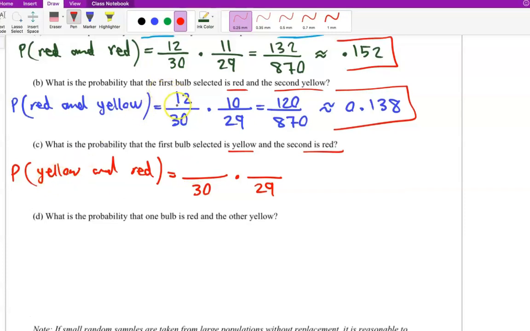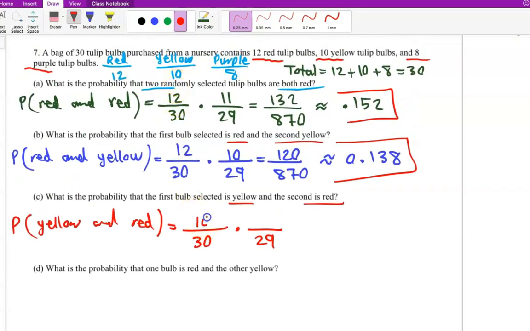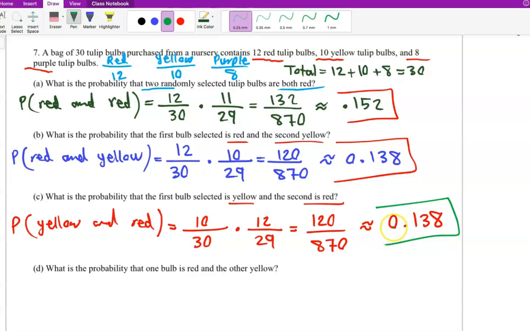So yellow is 10. Red is 12. The answer is 0.138.